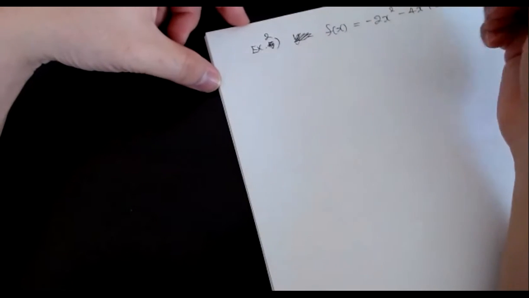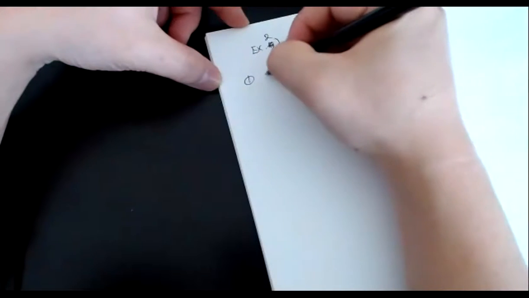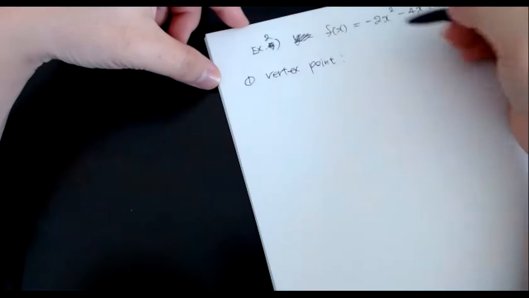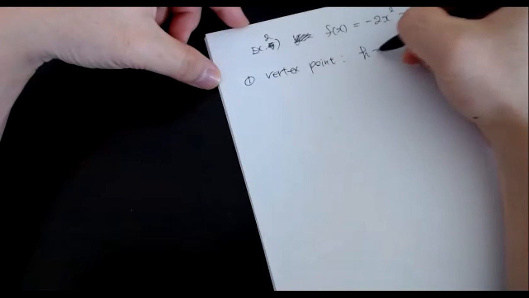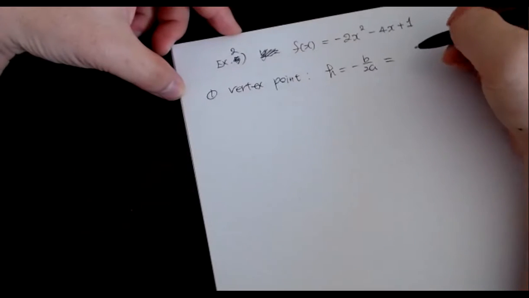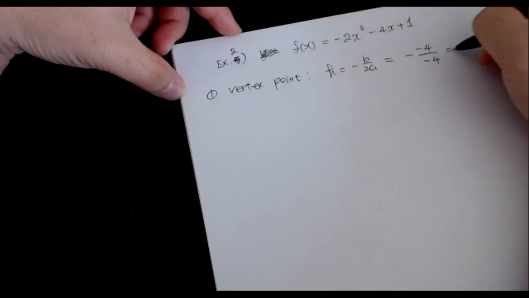So now what? The first one, the vertex point. It's going to be h is negative b over 2a, right? So this is equal to negative 4 over negative 4, which is 1, right?